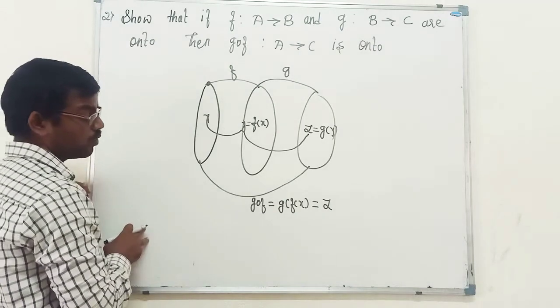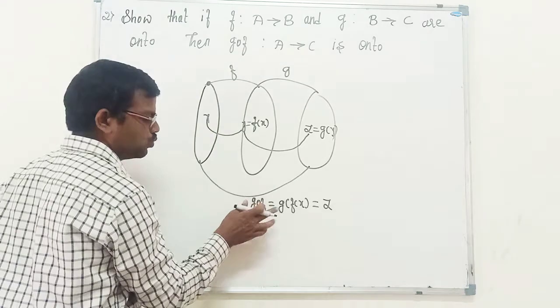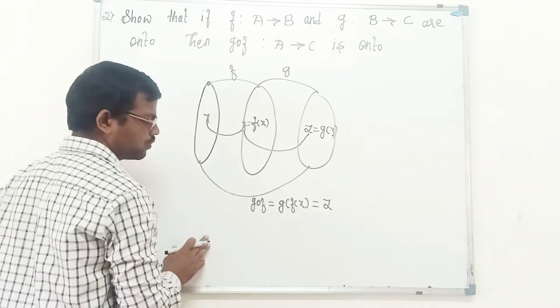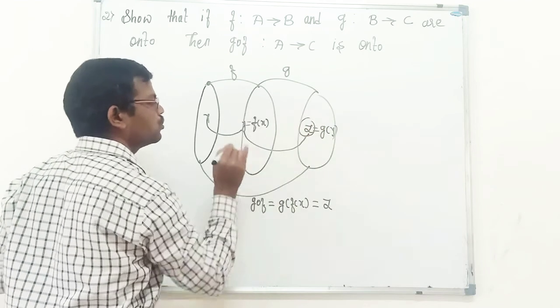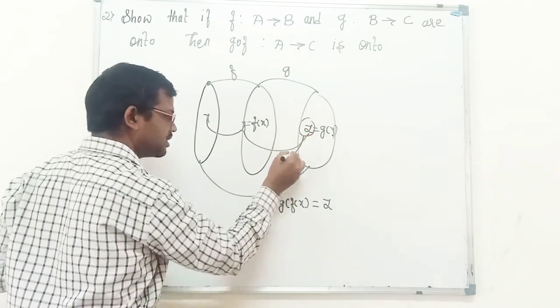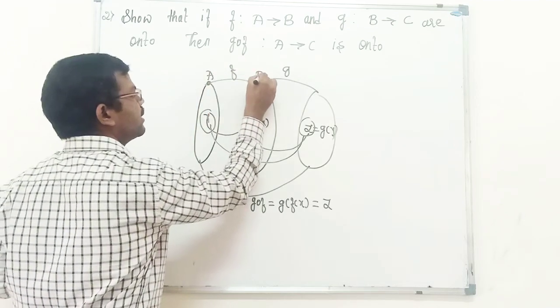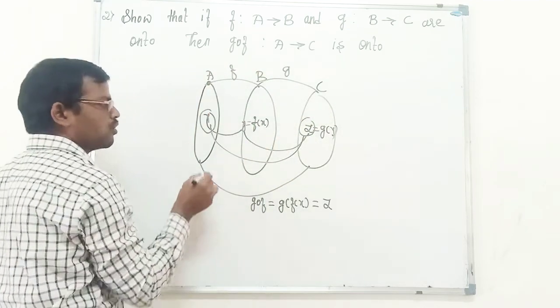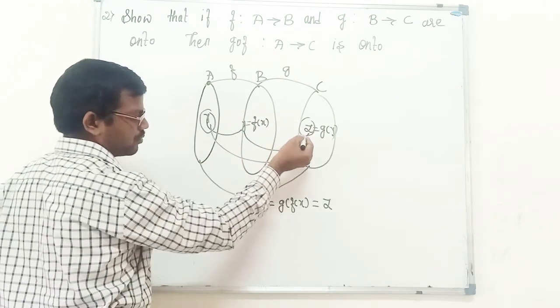So here, what we have to show means this is an onto function. This is an onto function means for this z we have to show that there exists at least one x in the domain A, which is the pre-image.